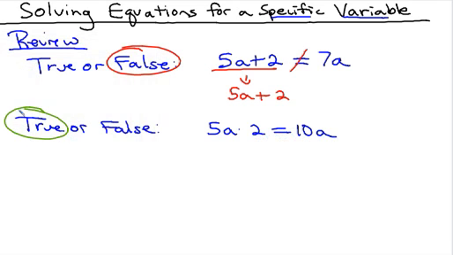This one is true. 5a times 2 is 10a because of the commutative property. 5a times 2 is the same as 2 times 5a, and that is equal to 10a. So this one is most definitely true. We're going to need those skills today.